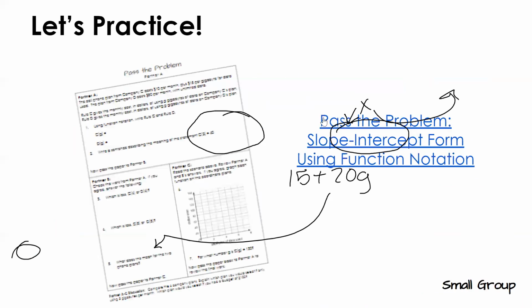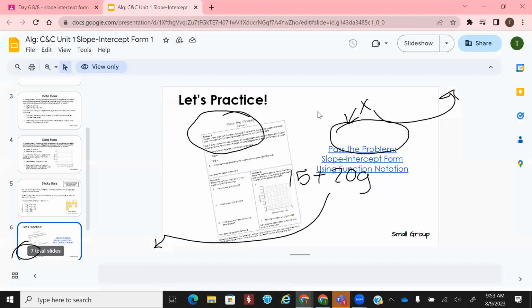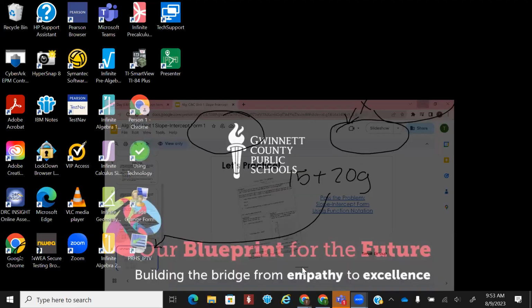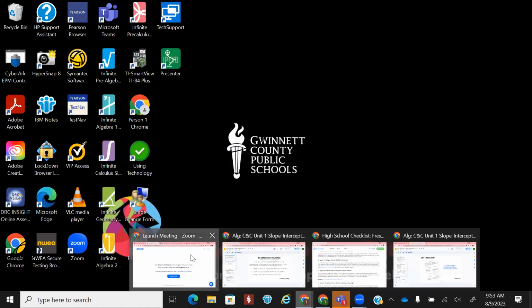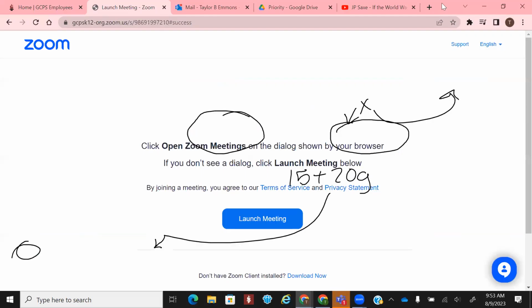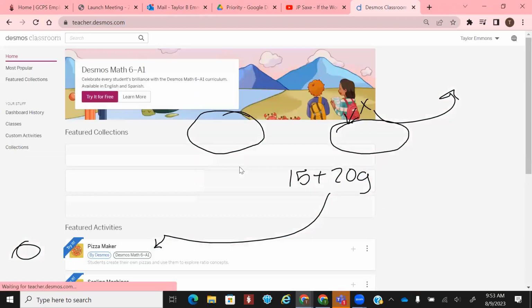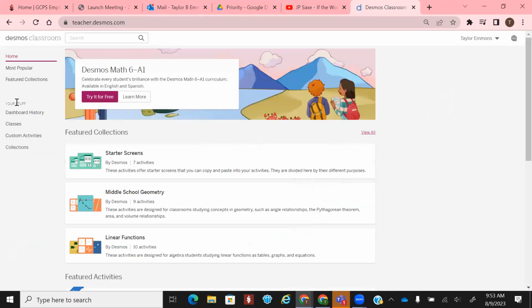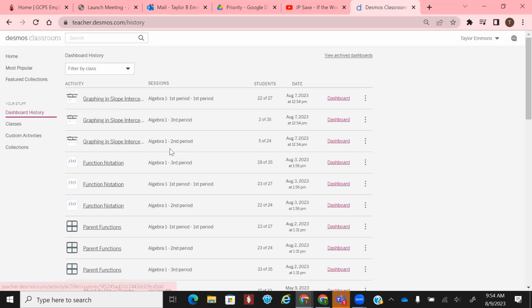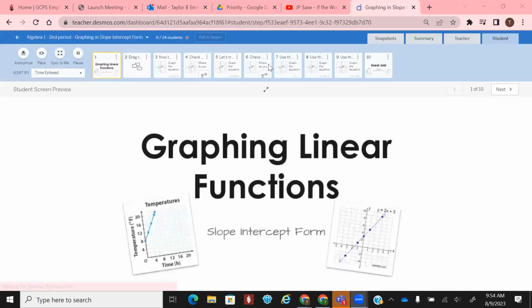All right. What I'd like for you to do is go ahead and go to student.desmos.com. Okay, and I'm going to hide some of these so you don't have to do them.